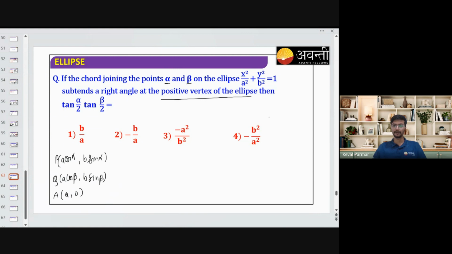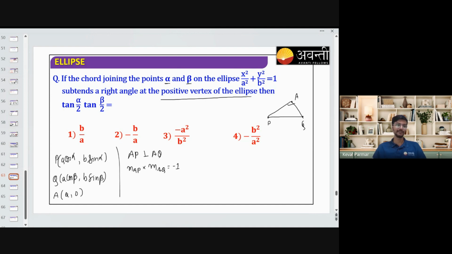I'm not drawing the ellipse, I'm just trying to show you. Here are the points P and Q. It subtends a right angle at point A. That means this triangle will be a right angle triangle, so AP is perpendicular to AQ. If AP is perpendicular to AQ, then slope of AP into slope of AQ equals -1.